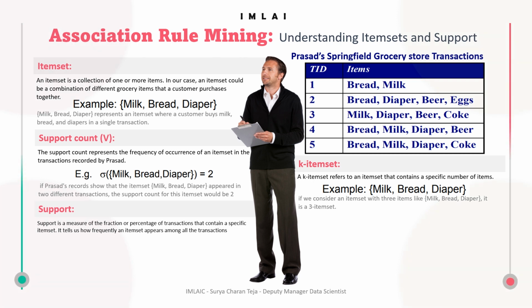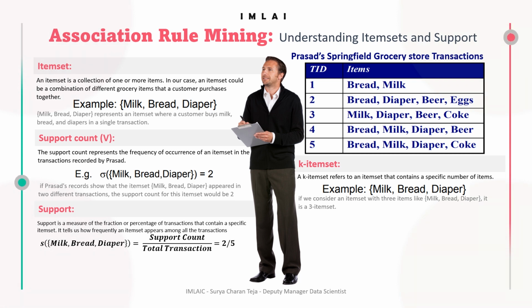For example, the item set of milk, bread, diaper has appeared 2 times in all transactions of the data set. So the support count is 2, and the total number of transactions that we have here is 5.